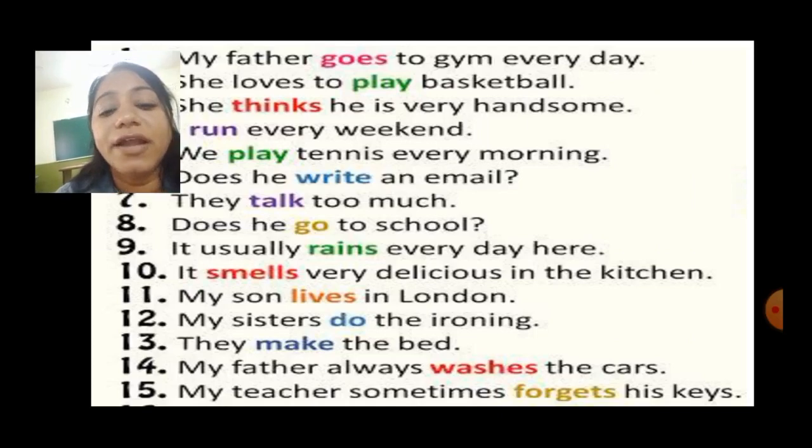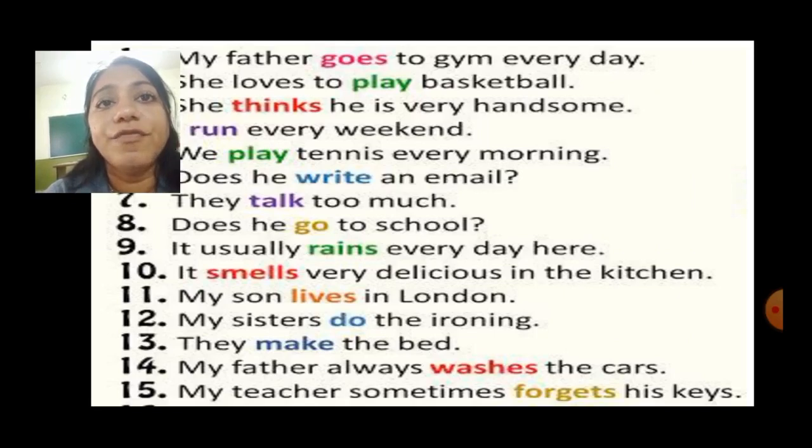For verbs ending with consonant plus y, we remove y and add ies in the third person singular. When the verb ends with y and before it has a vowel, and the subject is third person singular, we will just put s after it.